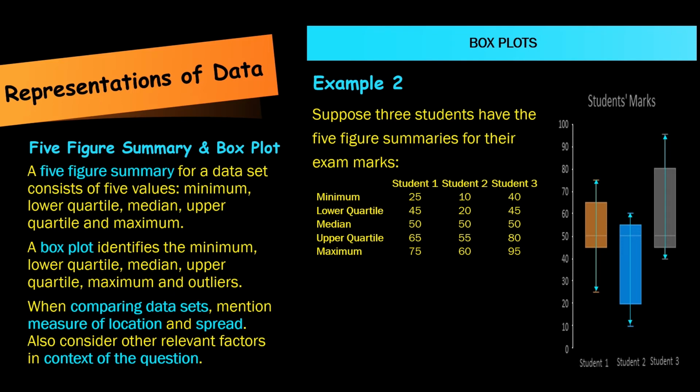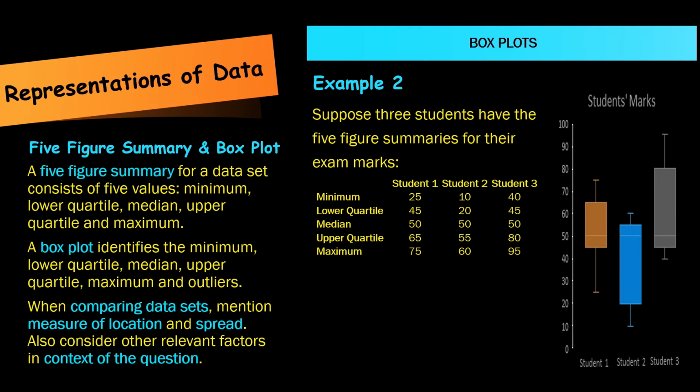We can also see that the ranges for all 3 students are approximately the same. However, we can also say something about how the box plots are skewed and where the marks are leaning towards.